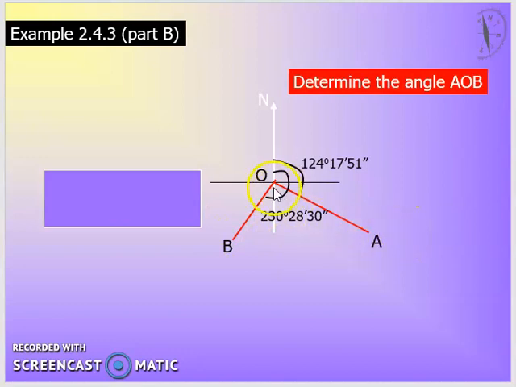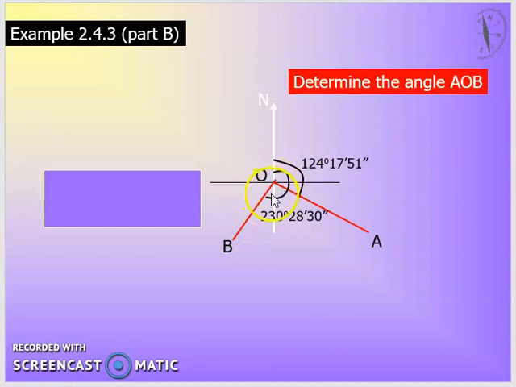You have again the whole circle bearing OA with a value of 124 degrees, 17 minutes and 51 seconds, and the whole circle bearing of the line OB, which is 230 degrees, 28 minutes and 30 seconds. Now again you want to find the interior angle AOB, that means this angle.